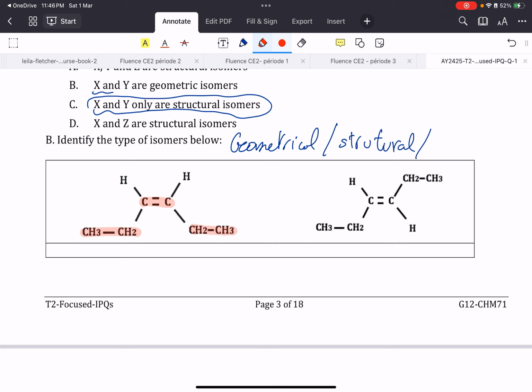I have two large groups facing each other and two small groups also facing each other. So this is the structure of cis, and here I have the large groups away from each other and the small groups away from each other. So this is the structure of trans.